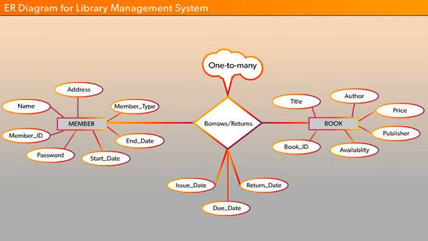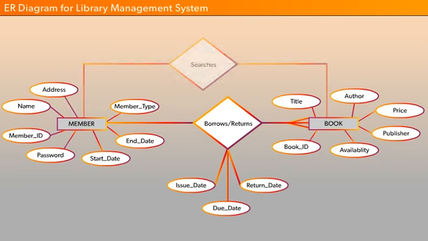The relationship borrows or returns that exists between member and book is one to many. Leaving the line as it is represents one on the member entity set and a crow's foot represents many on the book entity set. The other relationship searches of member entity set to book entity set is shown on the screen. The relationship searches that exists between member and book is many to many.